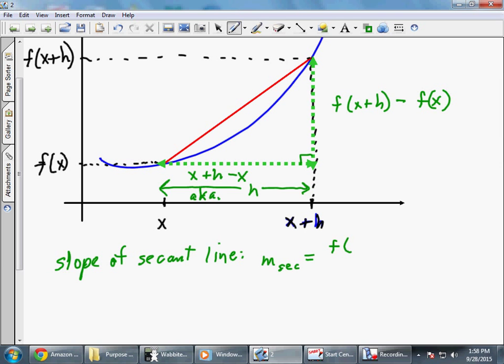We're doing rise over run, f of x plus h minus f of x all over h.